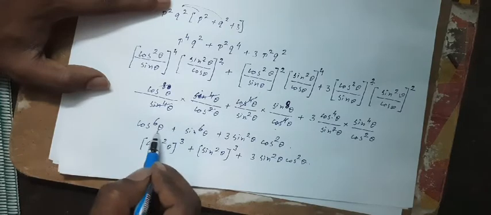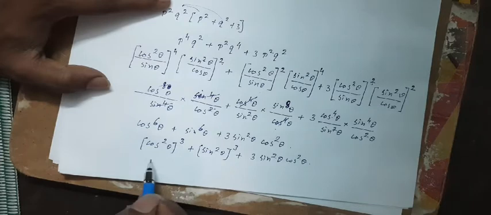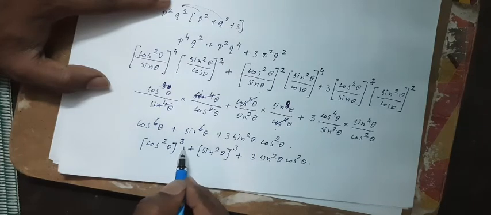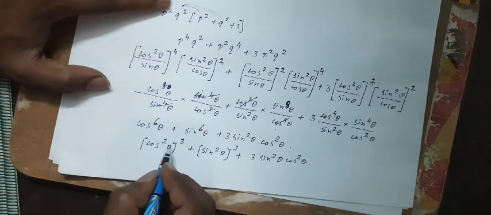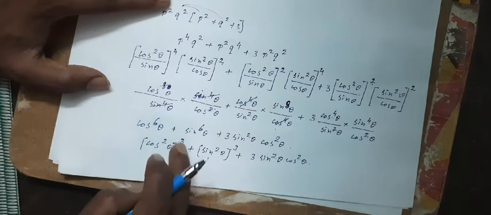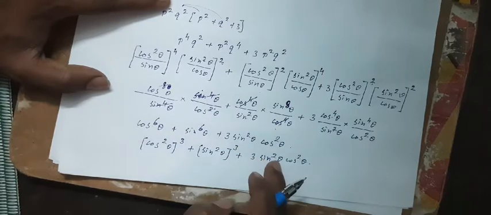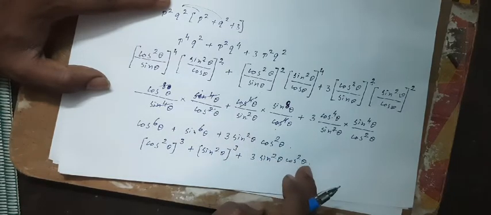Here the power is 6, and power 6 does not have any formula, so I can change it into square and cube. 6 theta I can change to 2 times 3 is 6, like that we can change. So cos square theta whole cube plus sin square theta whole cube plus 3 sin square and cos square theta.